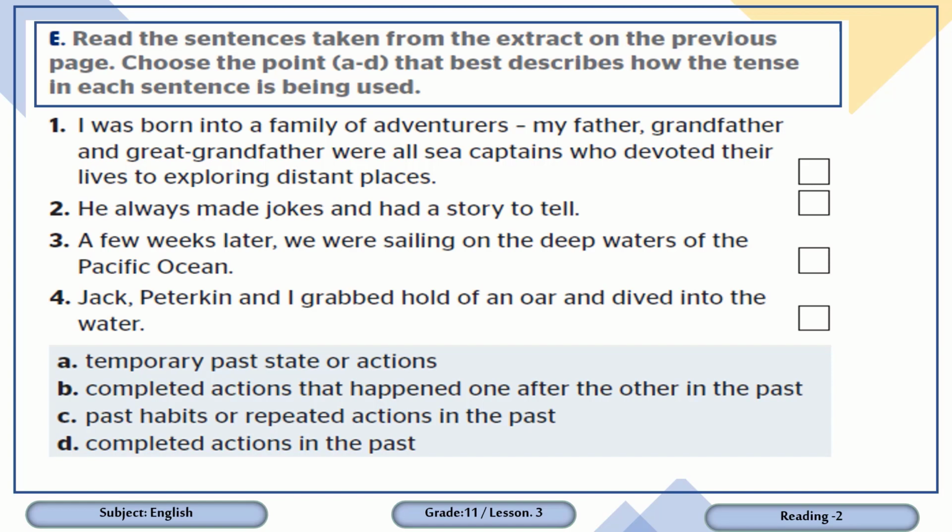Read them well. After that, read the descriptions A to D. Then write the correct letter in front of the suitable sentence from 1 to 4. Dear students, please pause the video for some time, get your answers ready. After that, play the video again in order to check your answers.